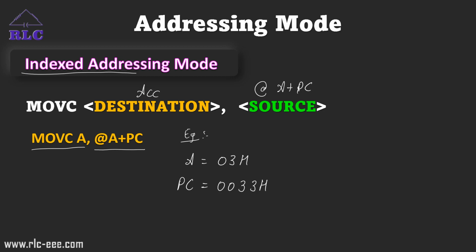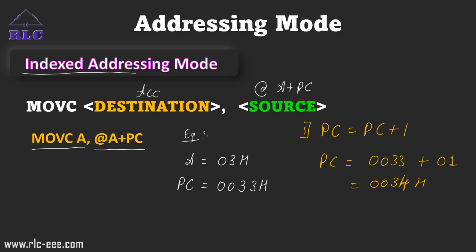Now when this instruction is executed, the first step is the program counter will increment by 1. That means the program counter value will change to 0033H plus 01, which will be 0034H.